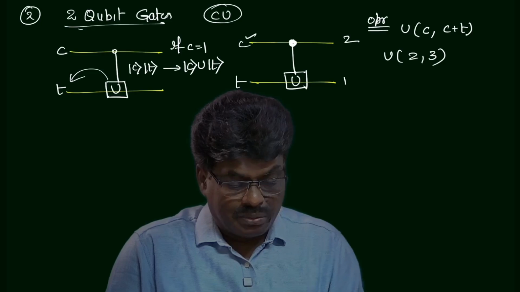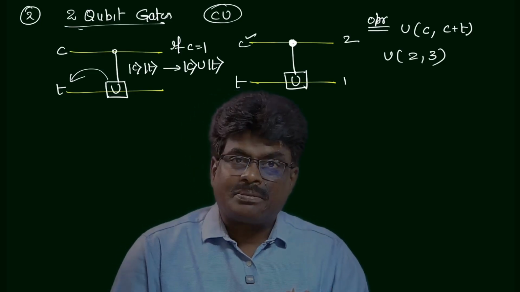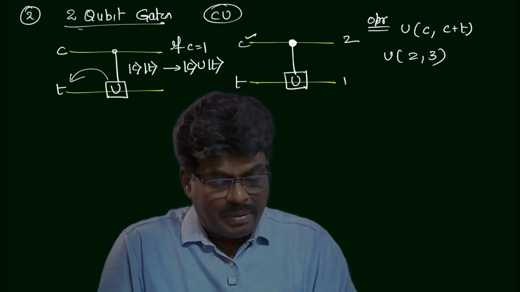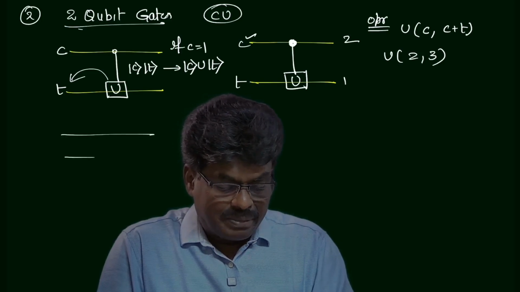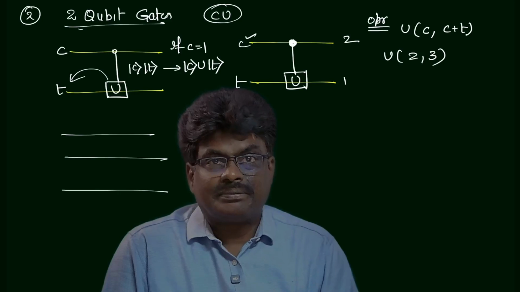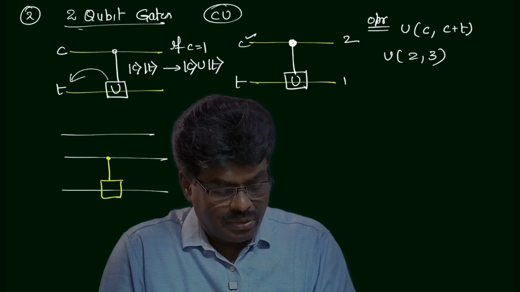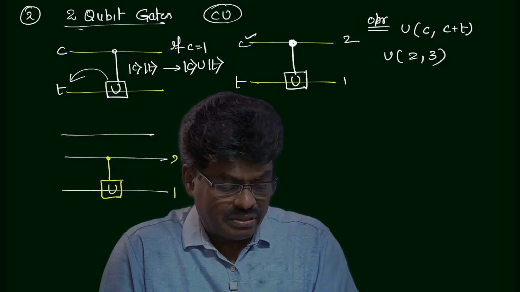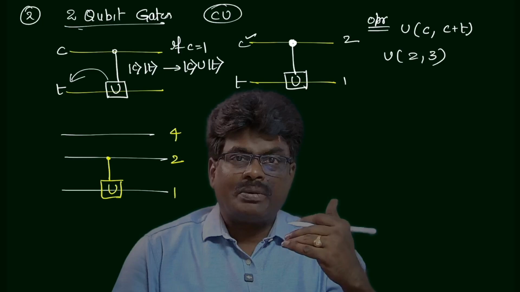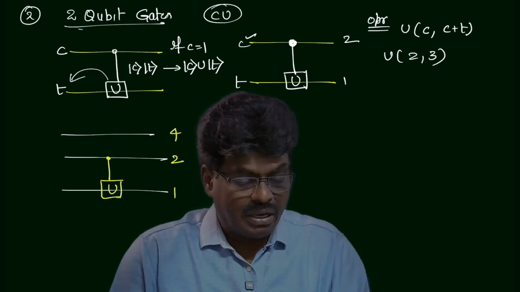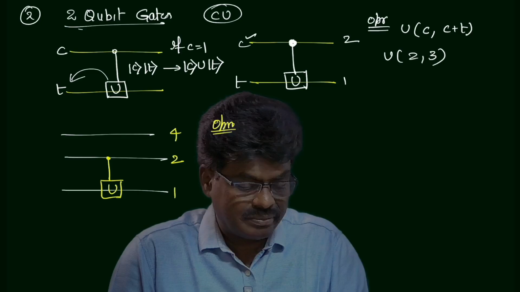This is what I'm saying. I have already explained all these examples. Maybe you will get one doubt: for example, I have 3 qubits and here I have this control U operation, then how to do this? Very simple. 3 qubits, notation 1 2 4. Then how to write the operations? Let us see.